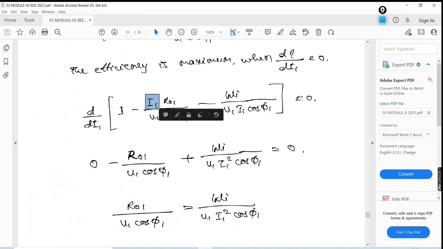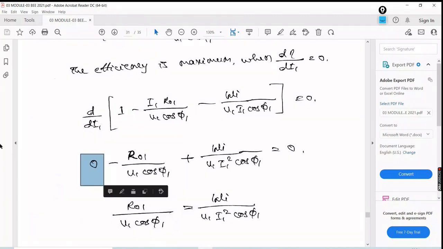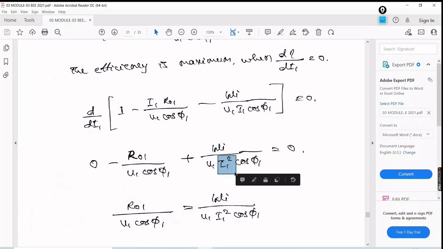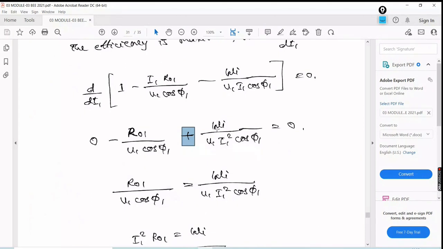Differentiation of I1 is R01 divided by V1 cos phi 1, but differentiation of 1 is 0. Then differentiation of 1 divided by I1 is minus 1 divided by I1 square, because minus 1 by x square. You might know this differentiation. Minus into minus becomes plus, so Wi divided by V1 I1 square cos phi 1.